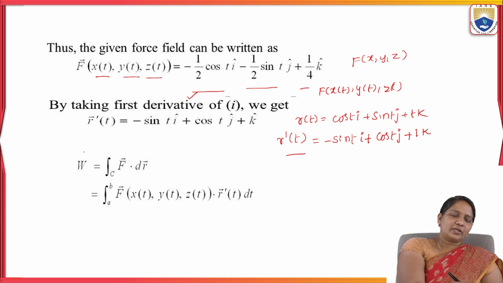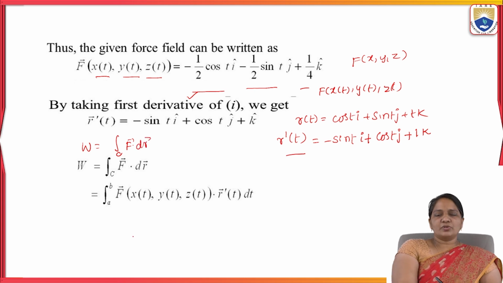So now we are calculating the work done. The work done formula is the integral over c of f bar dot dr. Here f bar is f of x of t comma y of t comma z of t, dot dr bar.